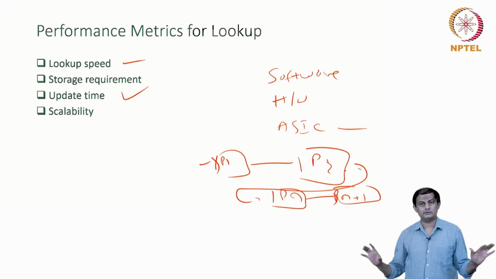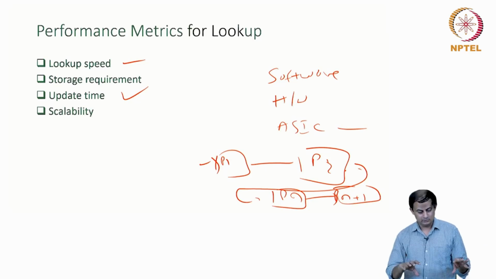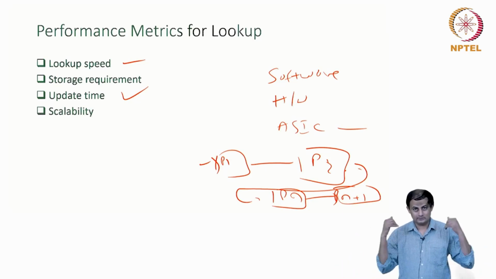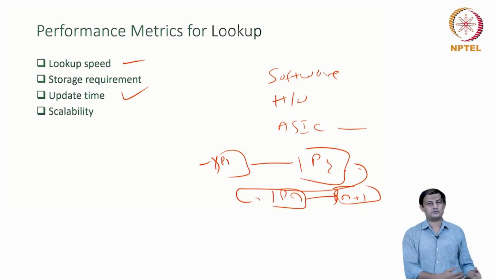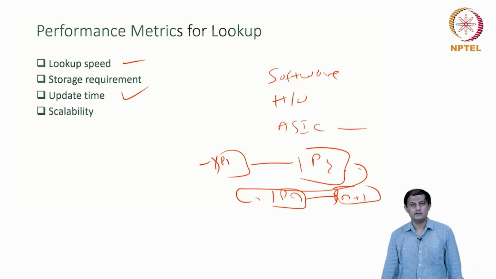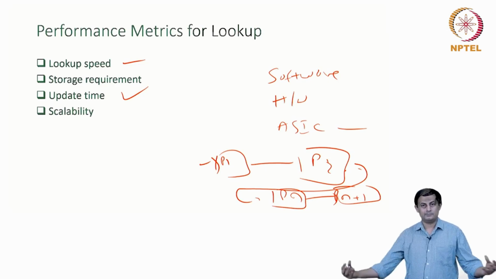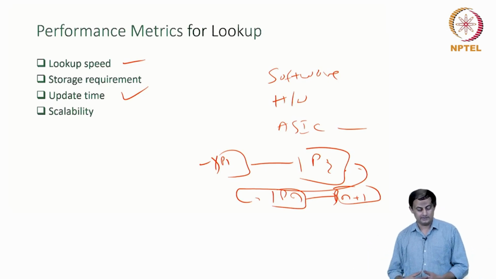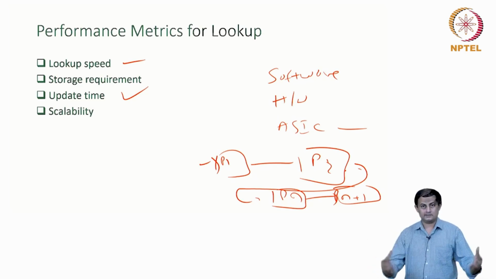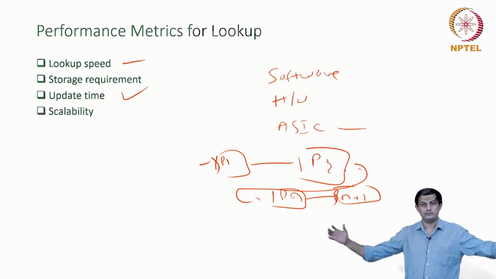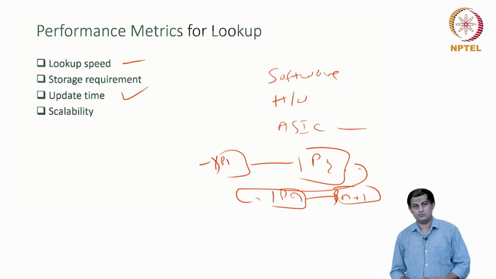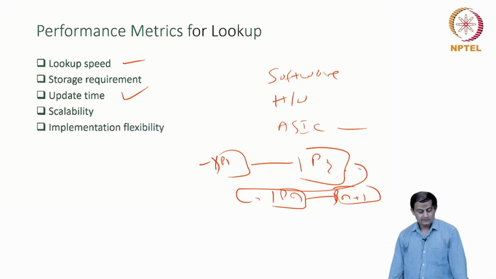We are talking about routing tables which are going to keep the entries for the entire internet, typically for the routers running in the backbone of the internet service provider networks. So obviously new networks will join and new prefixes will keep coming, and you need a scalable implementation, meaning the data structure should be able to handle a large number of prefixes.